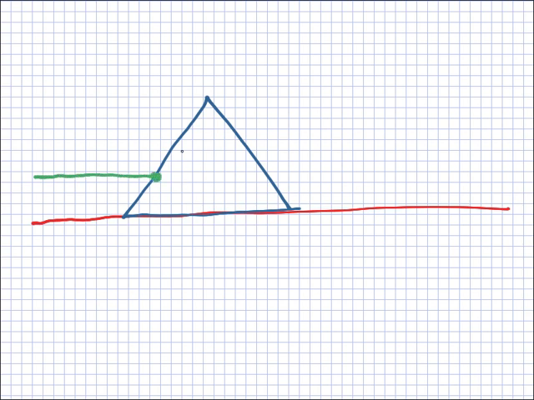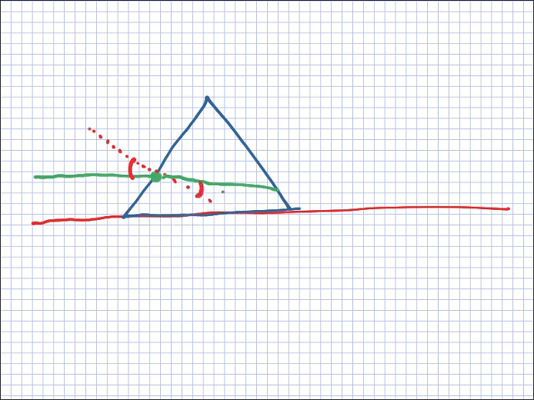Then what happens? It, of course, refracts. Let me try and get the angle roughly right. So that's the normal, so that's the first angle. So it becomes smaller, and I think it will go down here.